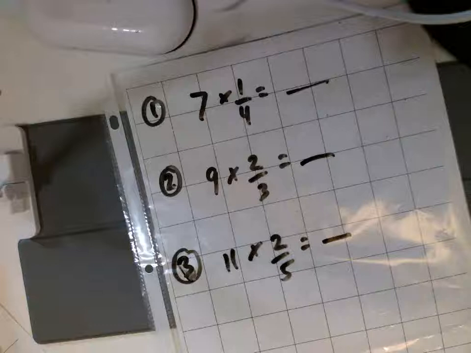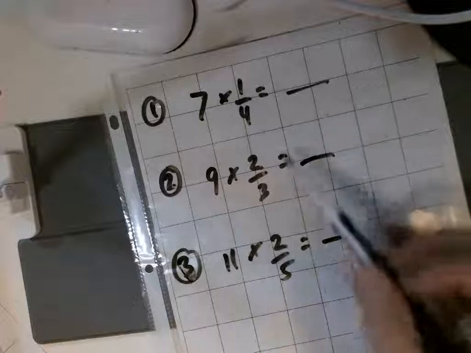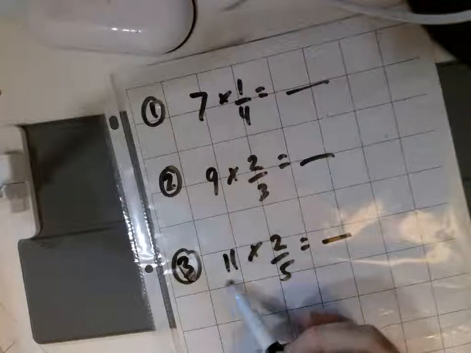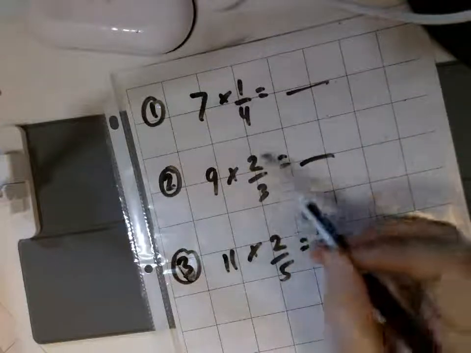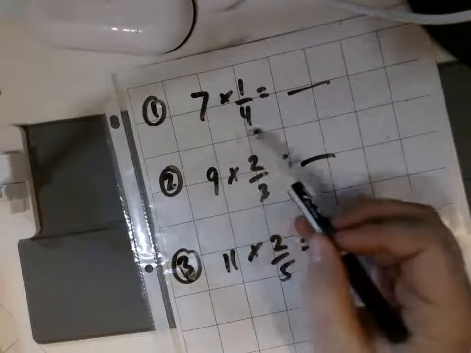Pause the video, solve these problems, and then we'll come back and work on them together. Okay, so hopefully you've had a second to solve these on your own, okay? Well, we know that this is the whole, right? And this is the fraction that we're working with, okay? So let's just start with the first one.